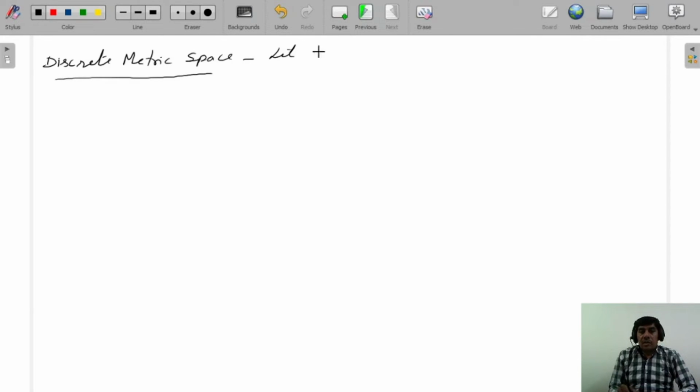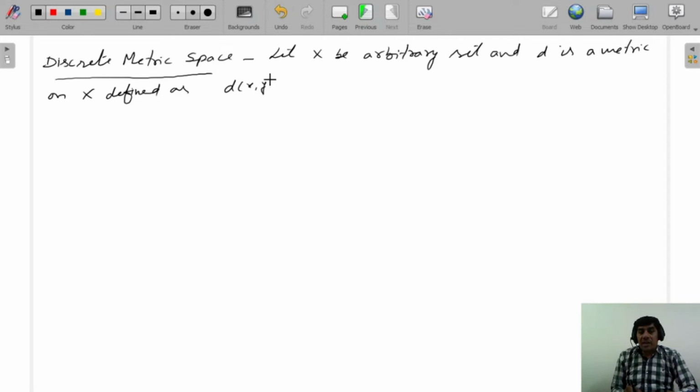Let capital X be an arbitrary set and D a metric on X defined as d(x,y) is equal to 1 if x does not equal y, and d(x,y) is equal to 0 if x is equal to y.